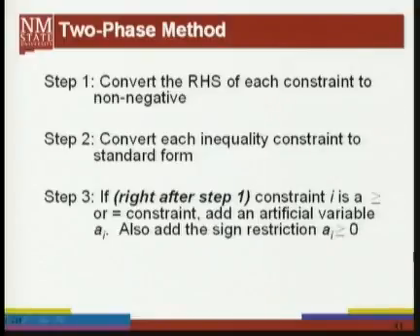Like I said, the two-phase method can be used as an alternative to the big M method, right? And actually, the first three steps are exactly the same as big M method, okay? That is, we need to add artificial variables to the same type of constraints as we did in the big M method, okay?